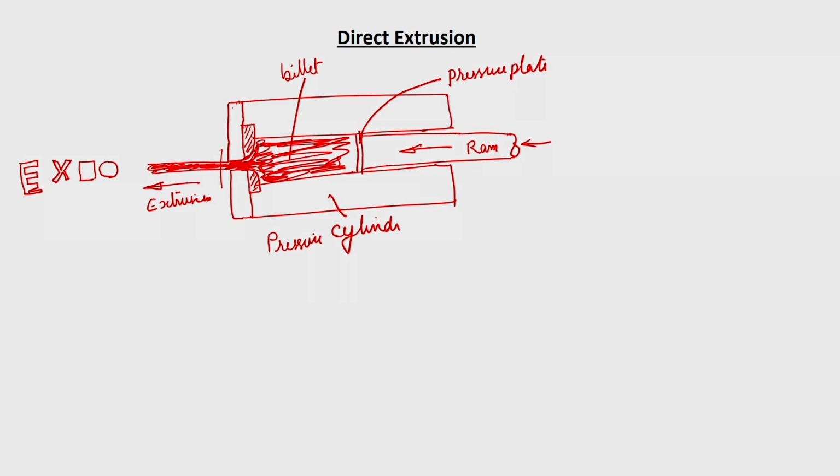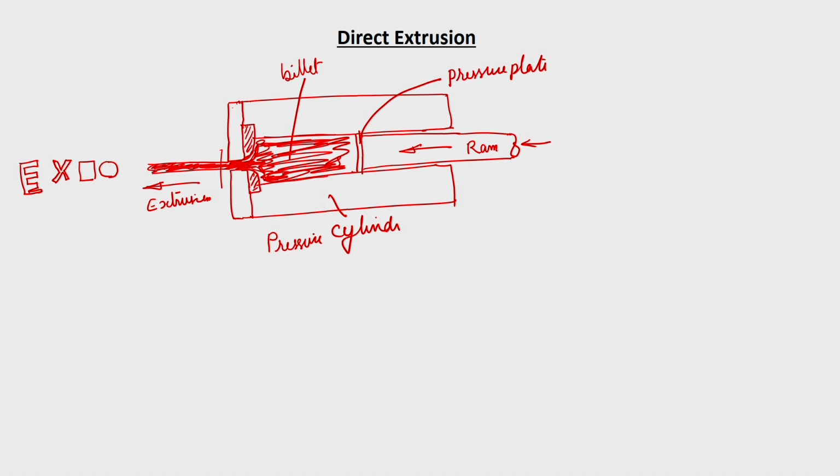So, this is the most widely used process, and in this direct extrusion you will find that the frictional forces are very high, because as the ram moves forward, the billet is in touch with this entire die surface. So, that will exert a very high amount of frictional forces. The entire billet under the pressure has to move forward.